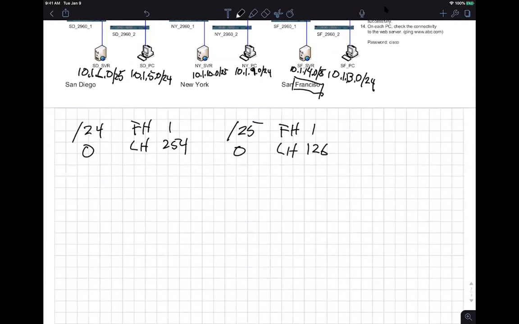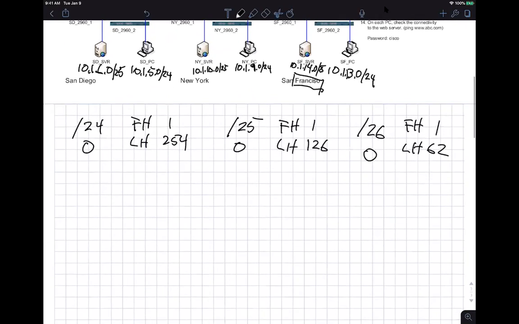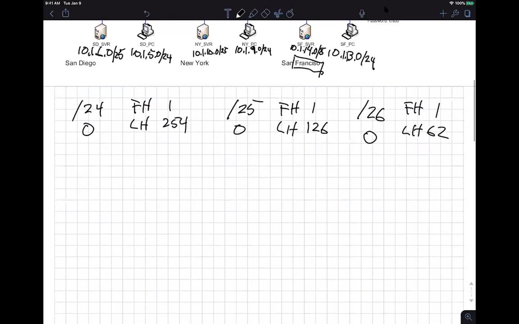Okay, /26 on block 0. First host is 1, last host is 62. Okay, then a /27 on block 0.